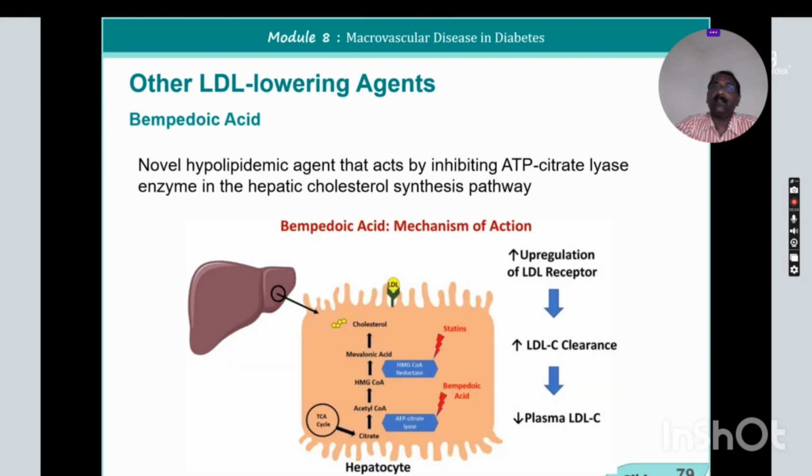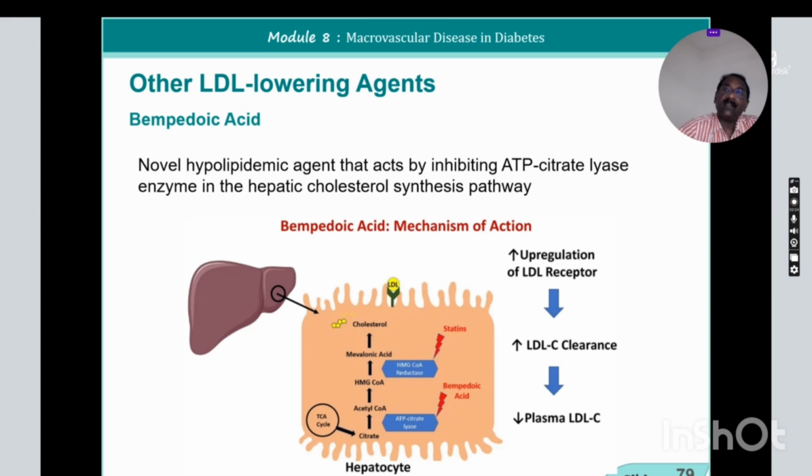So bempedoic acid is now coming up. For the last 6 months to 1 year we are having this molecule. This is a novel hypolipidemic agent that acts by inhibiting the ATP citrate lyase enzyme in the hepatic cholesterol synthesis pathway. So the mechanism of action: upregulation of the LDL receptor, increased LDL-C clearance, and reduction of plasma LDL cholesterol. So this acts in the hepatocyte.